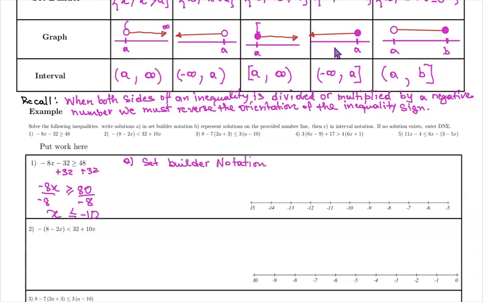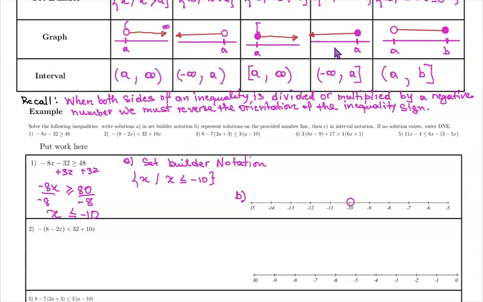The set builder notation is the set of all x such that x is less than or equal to -10. And then, let me use the number line here to sketch the solution of the inequality. Looking for -10, that's -10.